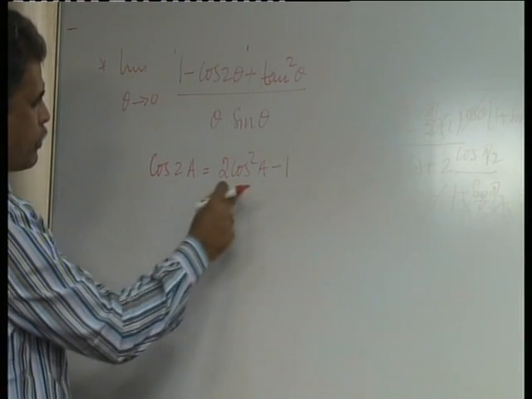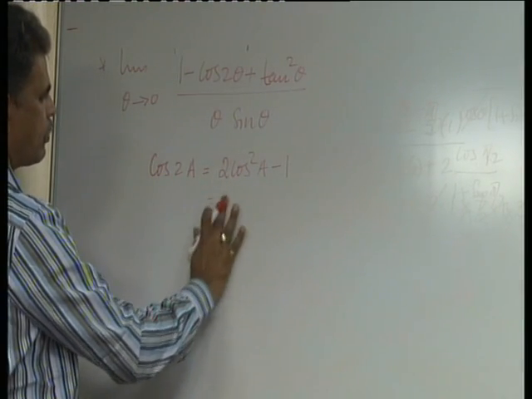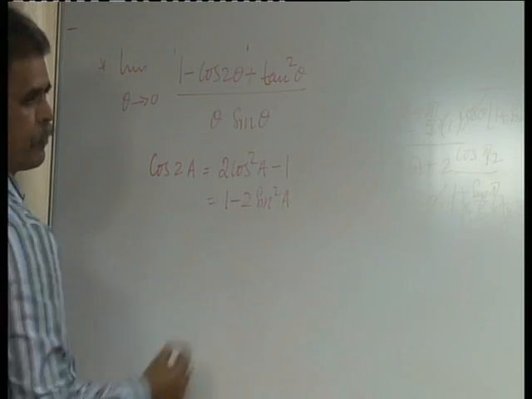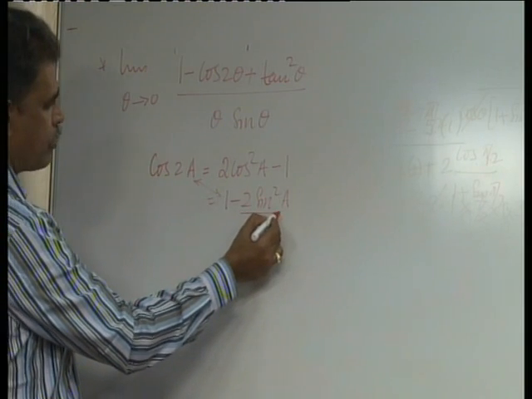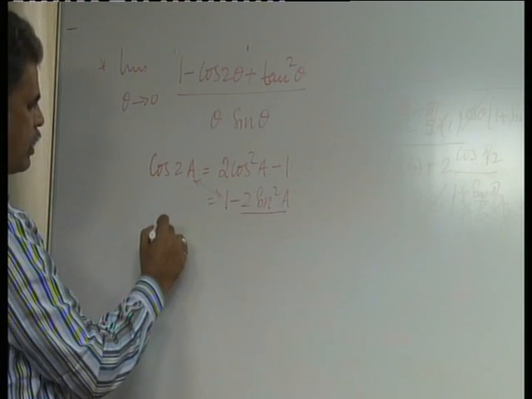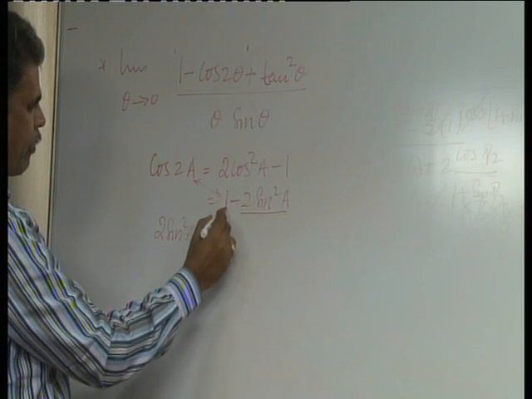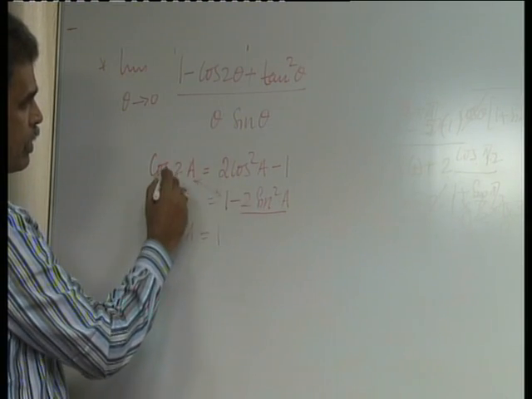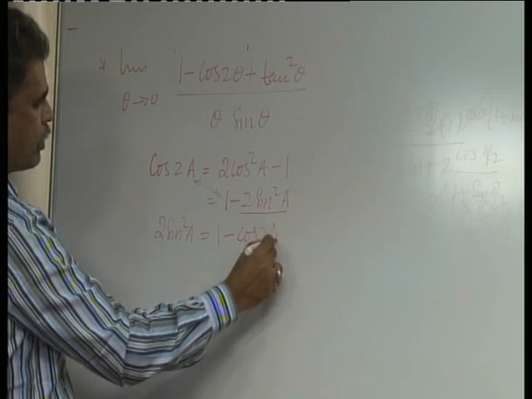Therefore, using this, it is 1 minus 2 sin square a. From these two terms you can take minus 2 sin square a to this side, it will become plus 2 sin square a, and the 1 is taken to the right side, it will become minus cos 2a.